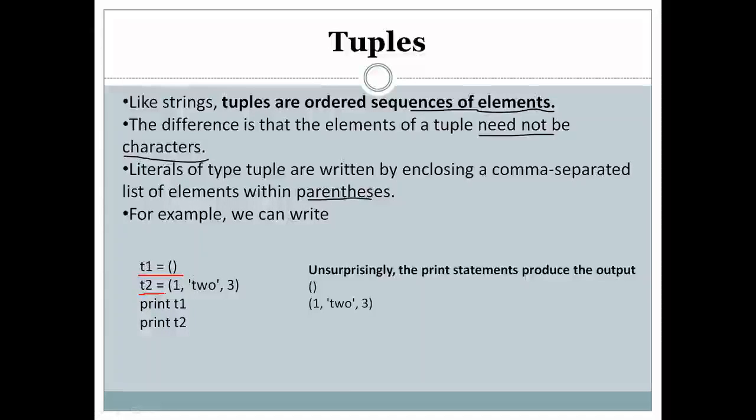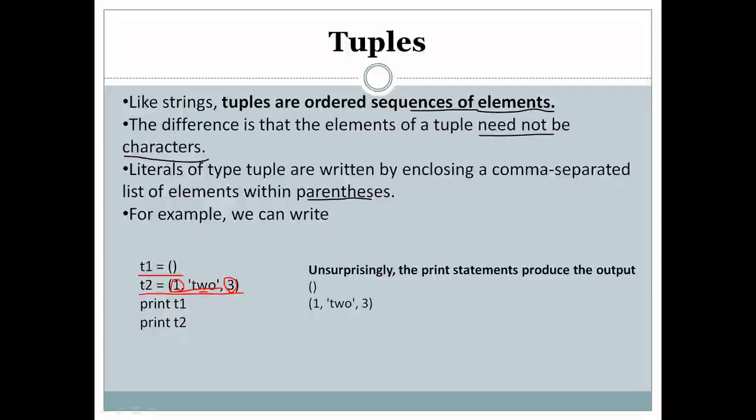Now we have a second example. T2 is equal to, inside the brackets, the elements 1, 2, 3. So this second tuple contains three values. The first and the last values, 1 and 3, are int objects.